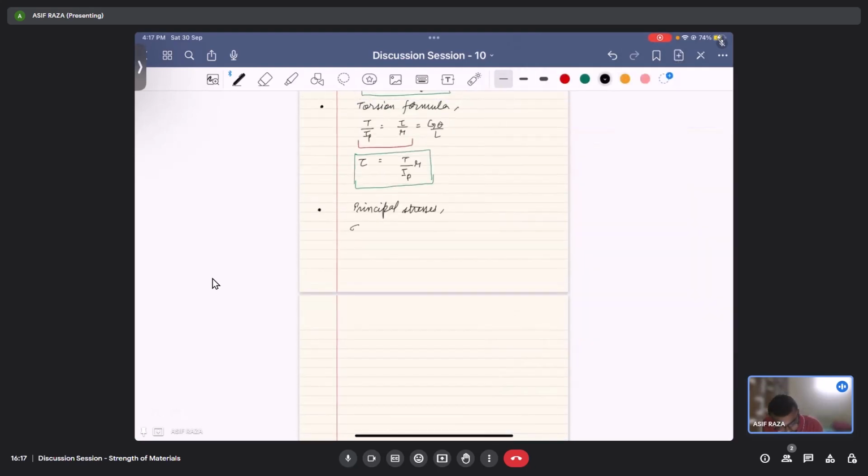So sigma 1, 2, if you remember, was given by this relation, and tau max was given like this.